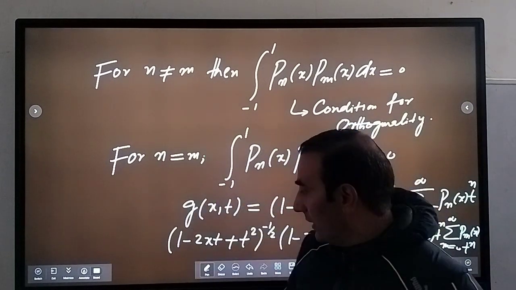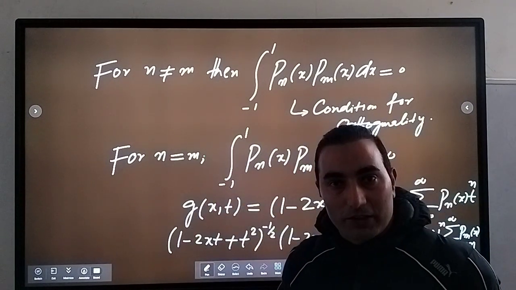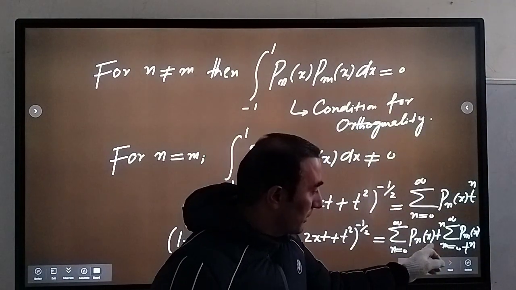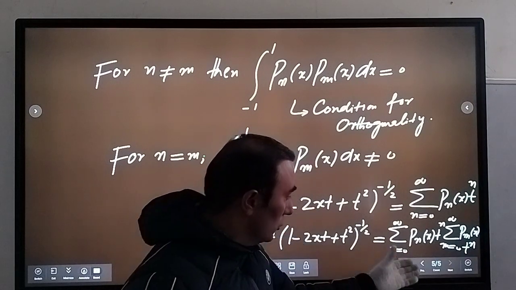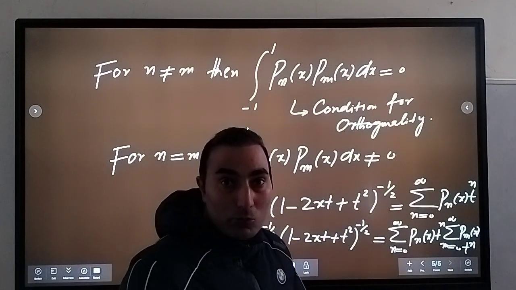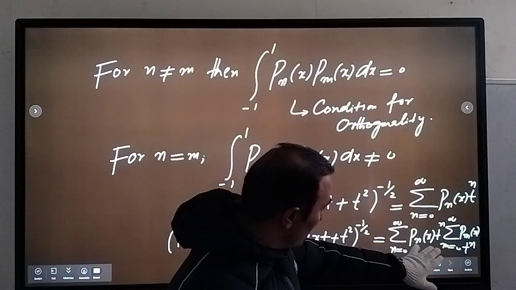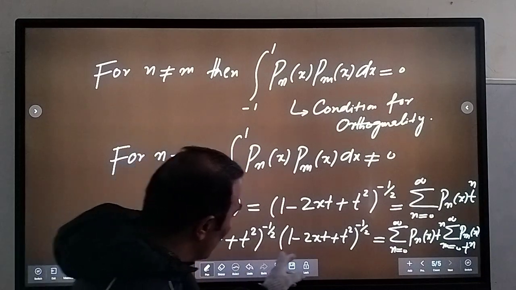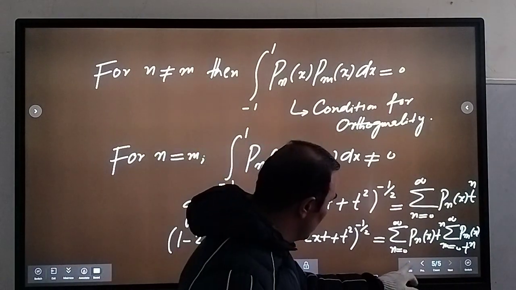So this is simply multiplying two generating functions. One corresponds to the sum from n equal to 0 to infinity of Pn of x and the second is Pm of x. That's why I wrote 1 minus 2xt here. So this is basically the product of two generating functions, one for Pn of x and another for Pm of x. Right? So when you take their product, you can write it as follows.